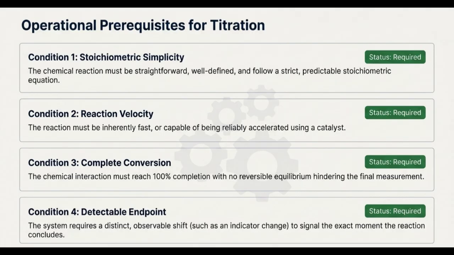Third, the reaction must reach 100% completion, with no reversible equilibrium hindering the final measurement. Fourth and finally, the system must have a distinct and observable endpoint, such as a color change from an indicator, to signal the exact moment the reaction concludes. If any one of these conditions is missing, titration is simply not a valid option.